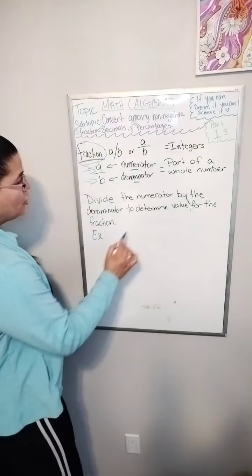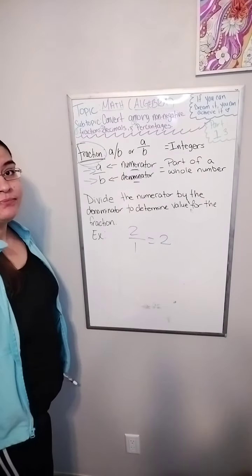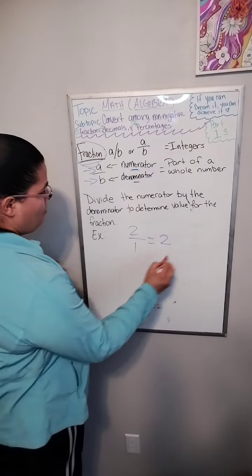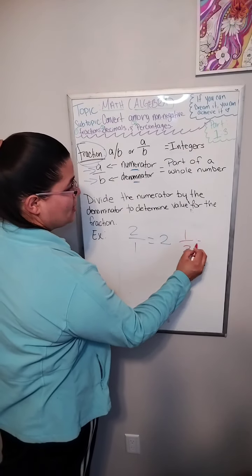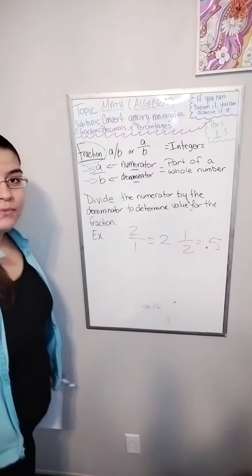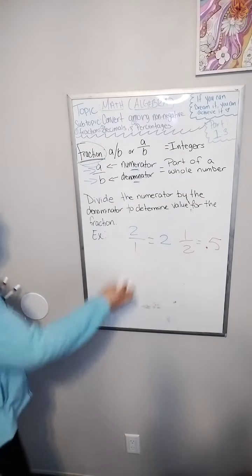For example, 2 divided by 1 is going to give you 2. 1 divided by 2 is going to give you your fraction at 0.5.